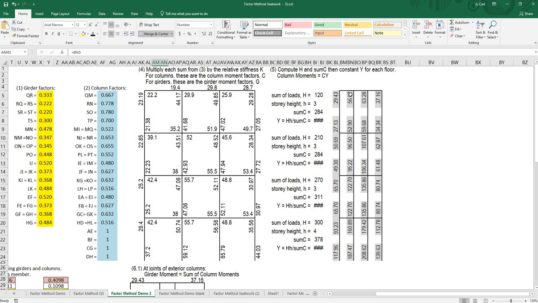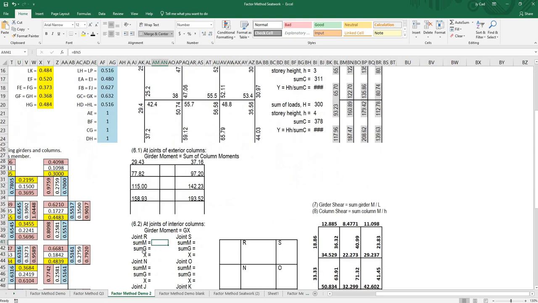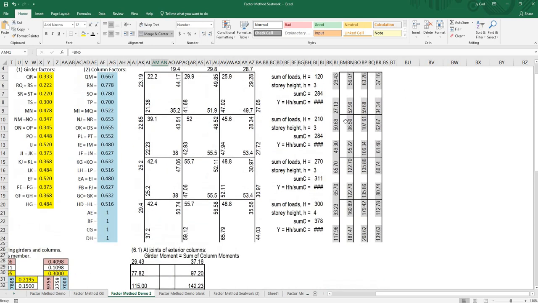Take note na walang column above joint R. Pag dito tayo sa joint N naman, ang summation ng column moment would be 96.5 plus 52.9. Okay, so that is what we're going to do.